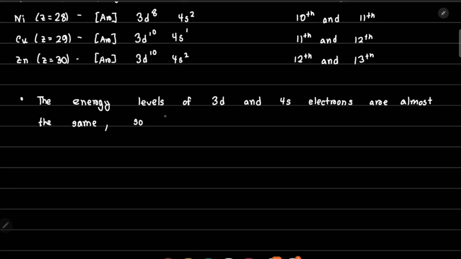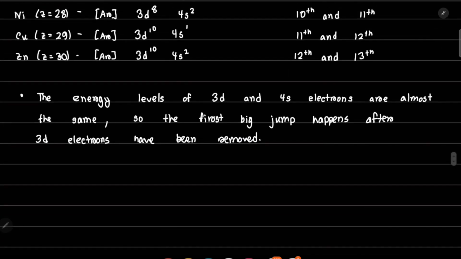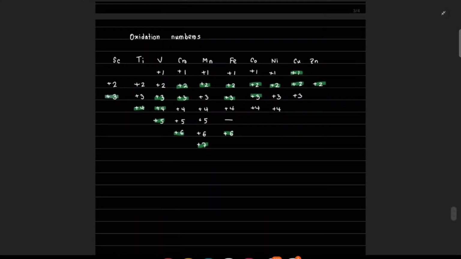And so the first big jump happens after all the 3d electrons have been removed. So this is what happens. Now we'll return to this.